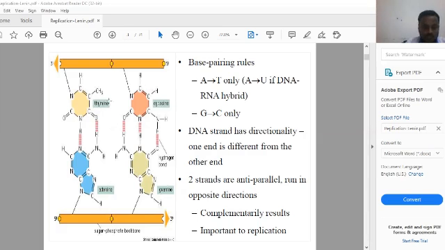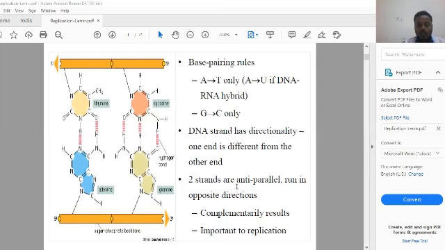The sugar and phosphate groups are present on the right and left sides. The DNA strand has direction: one end is different from the other end. The first strand moves in the 3 to 5 direction, but the second strand moves in the 5 to 3 direction.